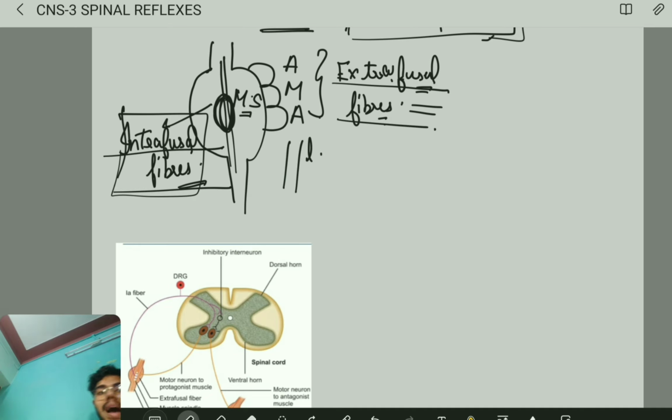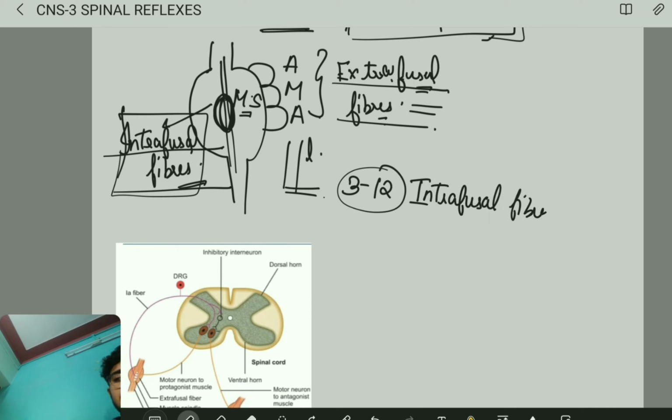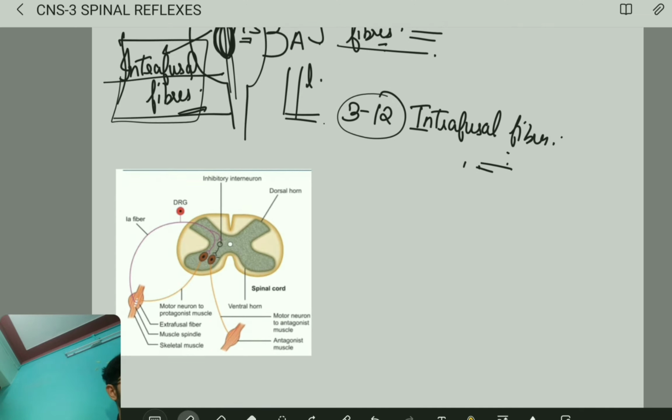Each muscle spindle contains 3 to 12 intrafusal fibers. That's it. This you understand? These are all basic concepts you have to understand. Fine.